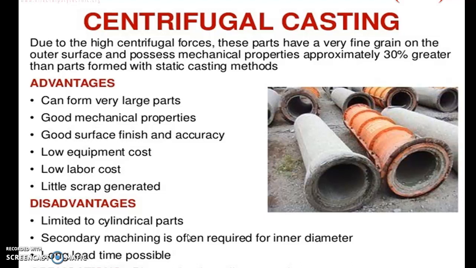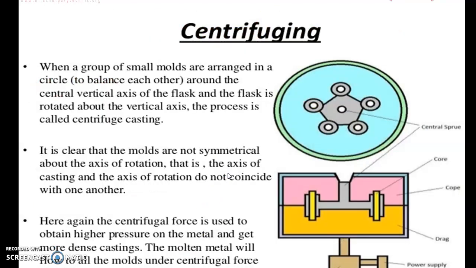Let us discuss the next process, which is known as centrifuging. This is also a process which is not purely centrifugal. In this process, several identical or nearly similar molds are located radially about a vertically arranged central riser, which feeds the metal into the cavities through a number of radial gates.